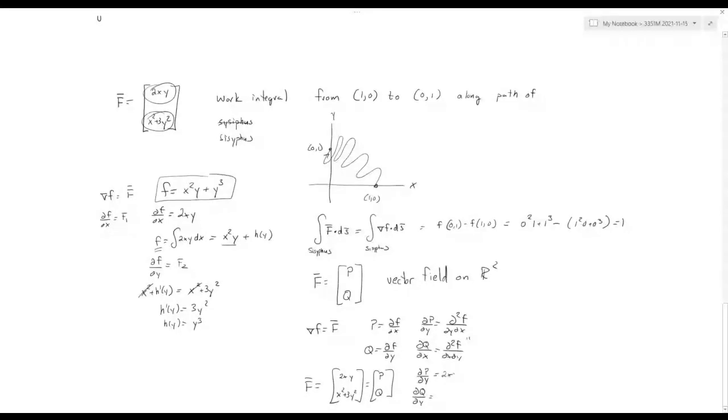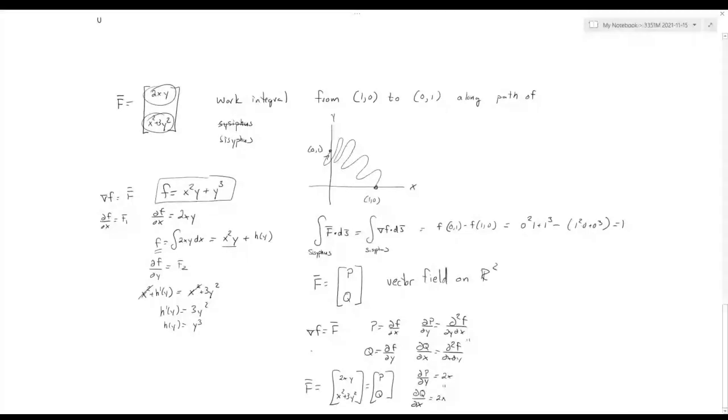Differentiate Q with respect to x. And if these are equal, then there is a theorem that says yes, in a certain star-shaped domain, we know that our vector field is conservative, so then we can proceed to figure out our potential.